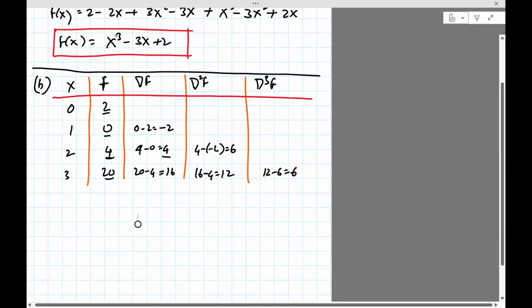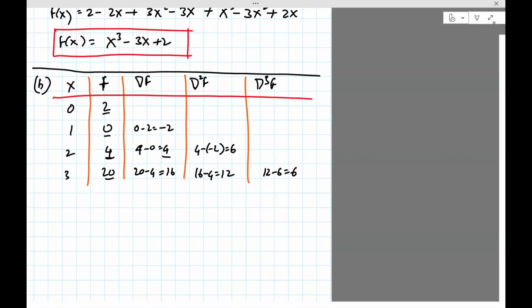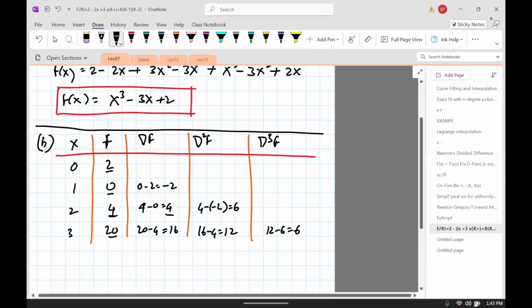Okay, now we're done with that. Let's write down the formula for y as a function of x using Newton-Gregory backward interpolation. So how does that formula look?